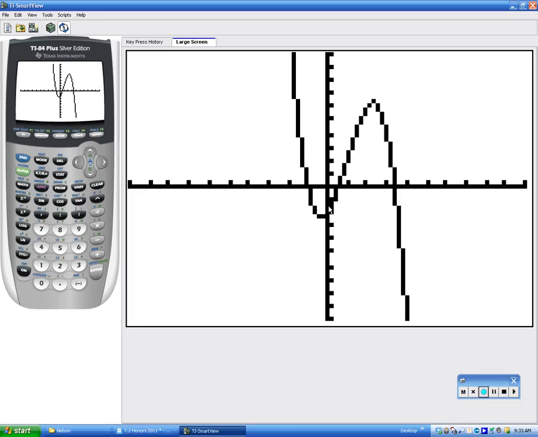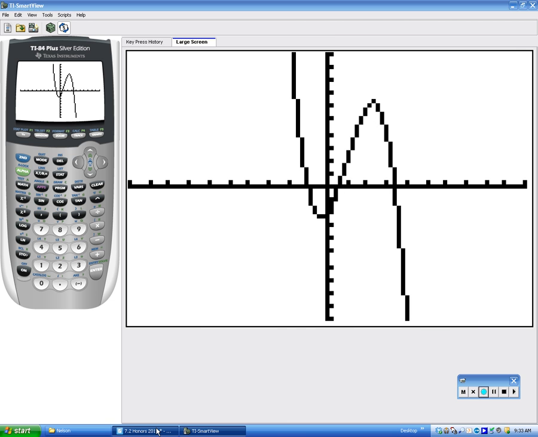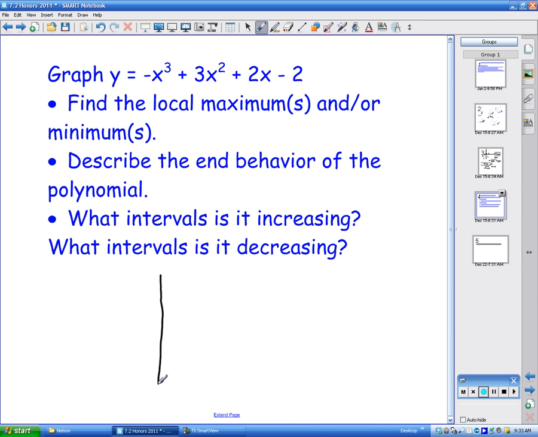So it looks like it dips down. So there's our x and y axis. That looks very pretty. And then it looks like it goes something like this. So we're going to find this minimum, this maximum, and then we'll figure out the increasing and decreasing stuff.